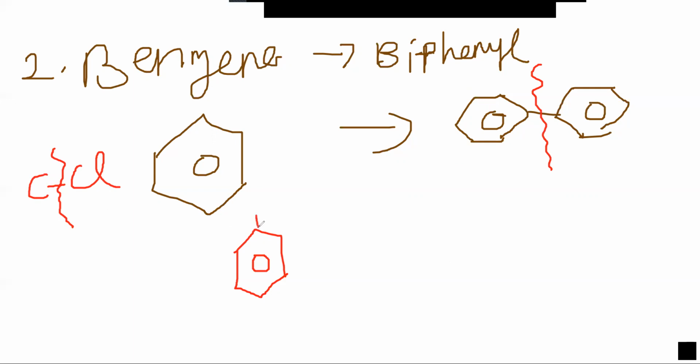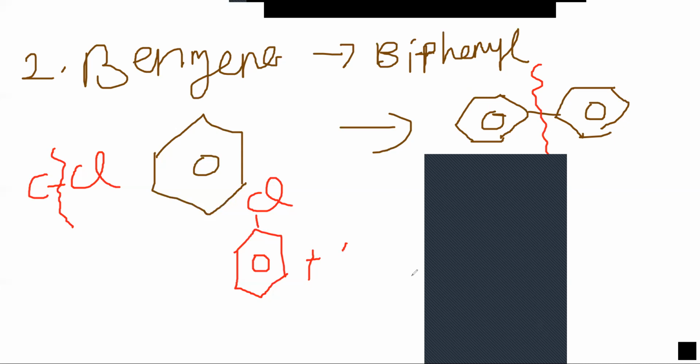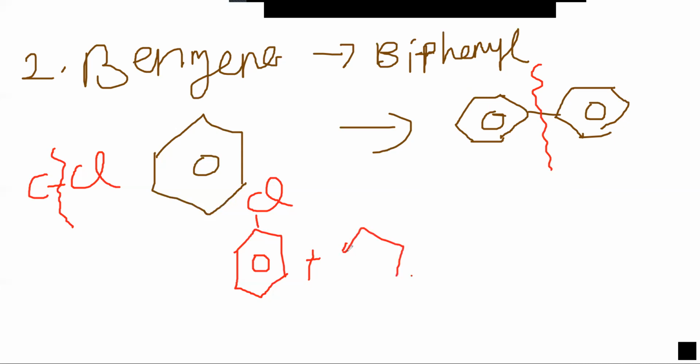So let us take the C-Cl, carbon chlorine bond, chlorobenzene. Like that, two chlorobenzene molecules you have to take. One more molecule of chlorobenzene you can take. So this, in the presence of sodium, dry ether.